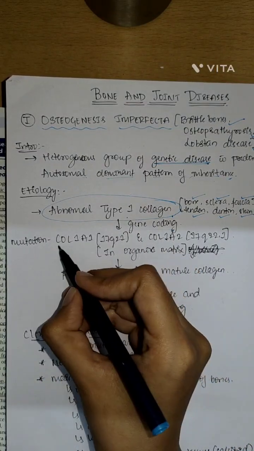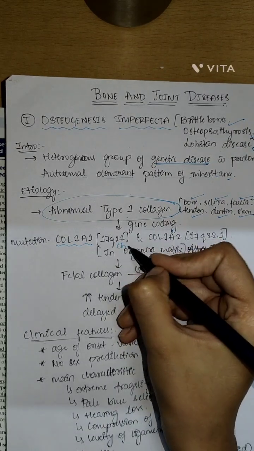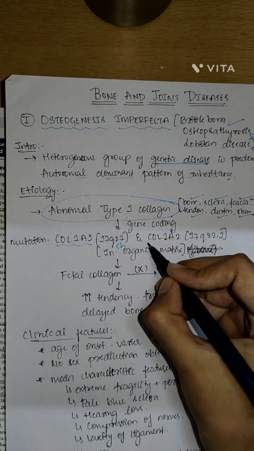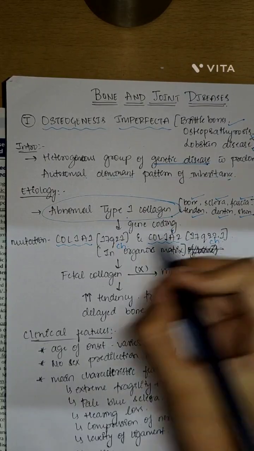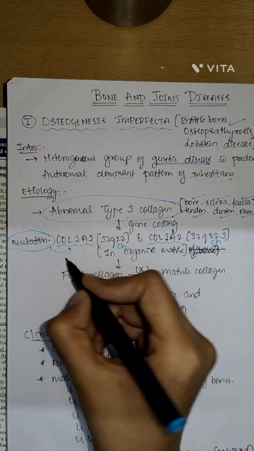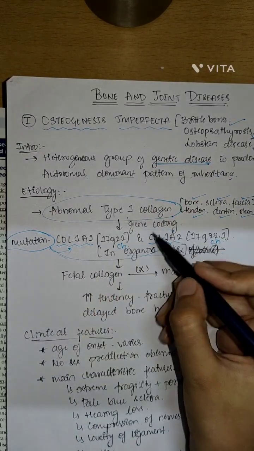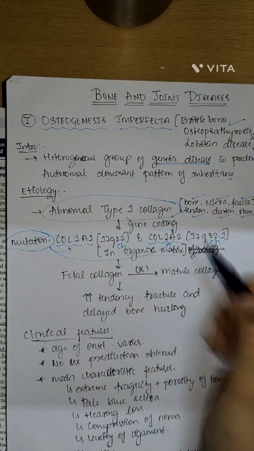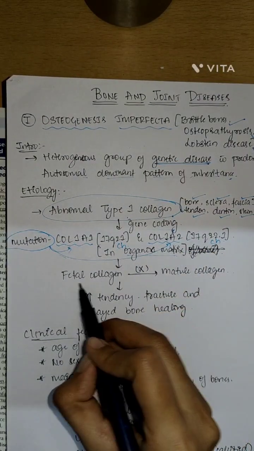One is the COL1A1 gene, which is present on chromosome 17q21, and another one is the COL1A2, which is present on 17q22. So there is a mutation of both these genes which causes the incomplete or abnormal transformation of the fetal collagen to the mature collagen.